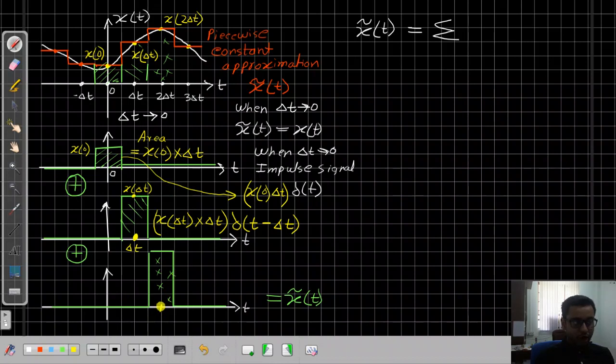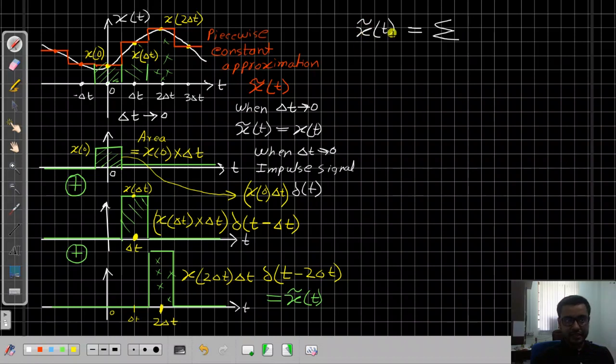It is occurring at the point 2 del t, between 0 del t and 2 del t, and the area of this curve will be this height. This height is x of 2 delta t multiplied by the width, and then delta impulse of t minus 2 del t.